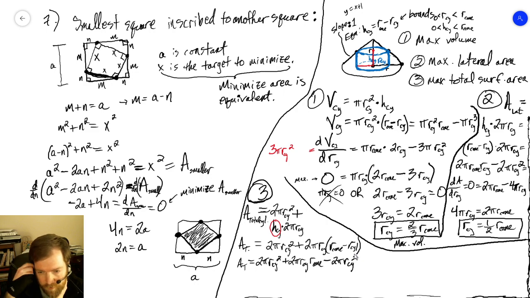You only got one term left. So we're still getting a 0 here. If we have 0 for our dA, then that's going to get rid of the radius of the cylinder entirely.